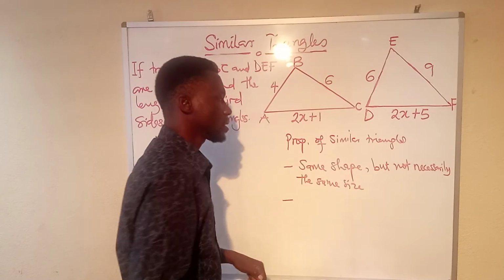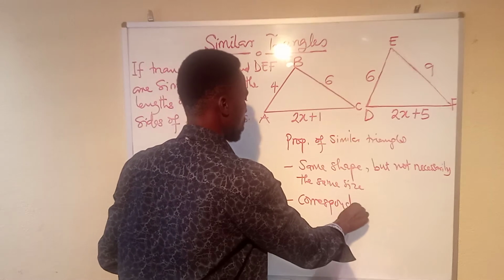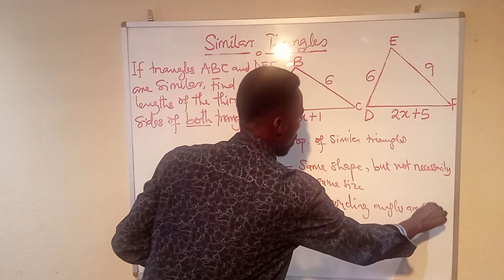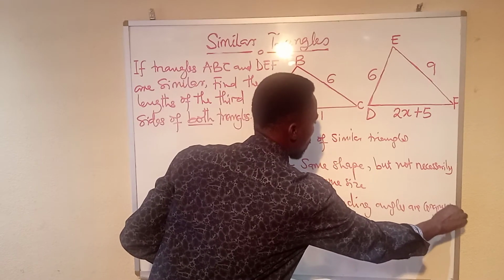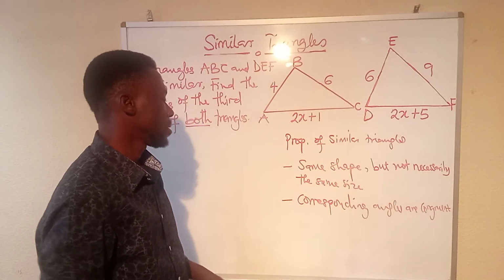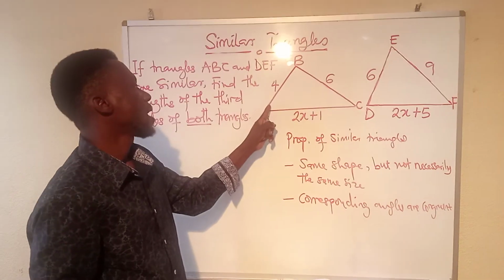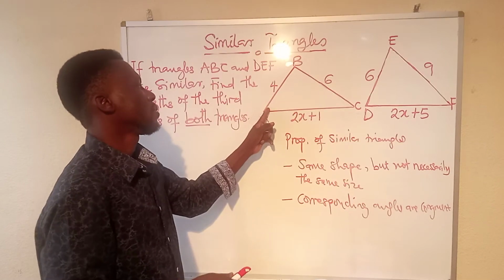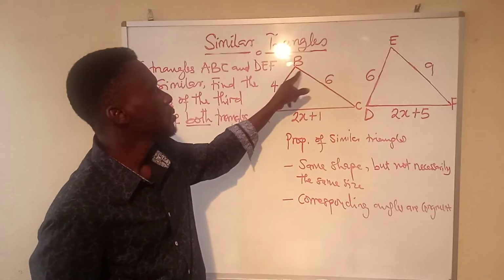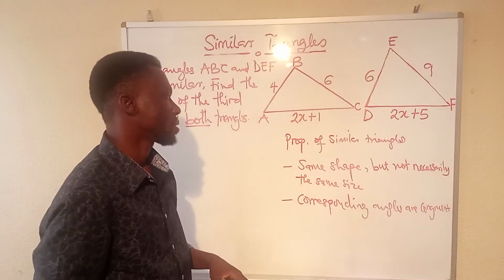The second property is that the corresponding angles are congruent. That is, they are equal. So if corresponding angles are congruent, it means that the angle at A will be equal to the angle at D, or the angle at B will be equal to the angle at E. That way, we say that the angles are congruent.